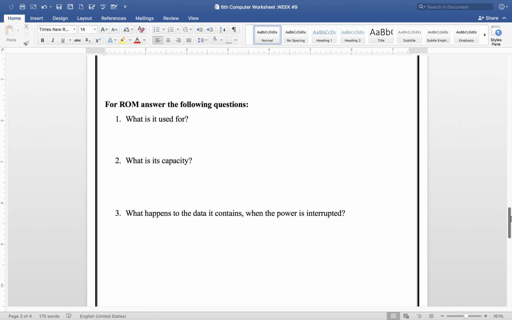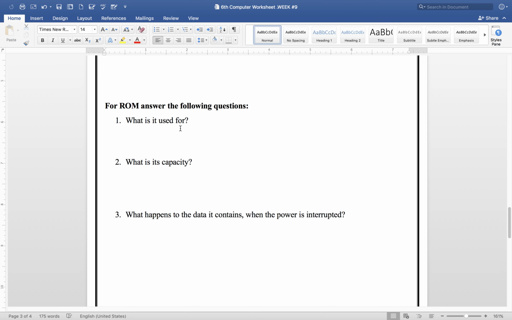For ROM memory, answer the following questions. What is it used for? ROM memory, firstly, stands for read-only memory, and it is used to store information or data permanently. It is non-volatile memory. We call it non-volatile memory because it retains the data, whether electricity power is supplied to it or not.